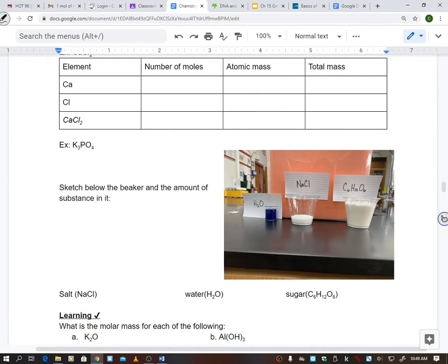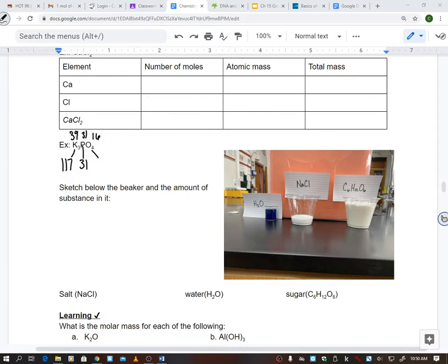All right, so here's an example. We have K3PO4. Potassium, for instance, is about 39. So I'm just getting the masses right now of all these. Phosphorus is approximately 31 and oxygen is 16. But there are 3 potassiums, so this is really 39 times 3, which is 117. Phosphorus, there's only 1, so it just stays 31.